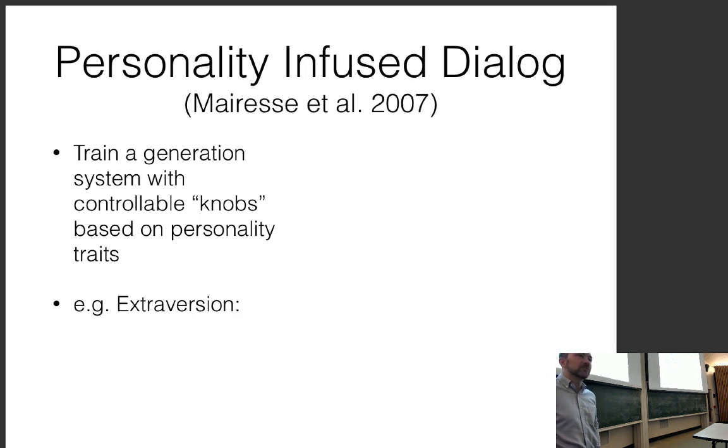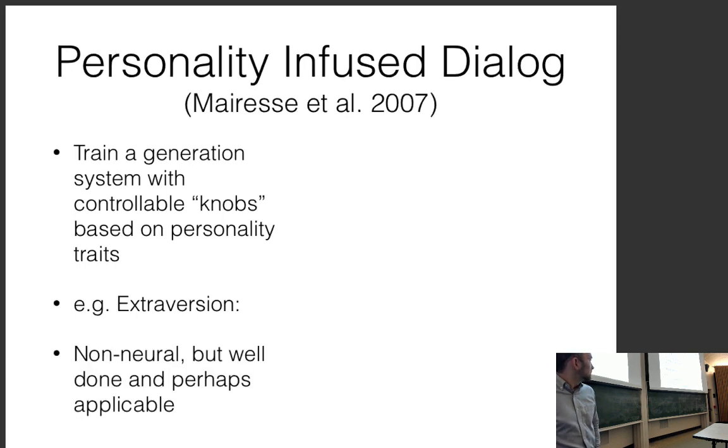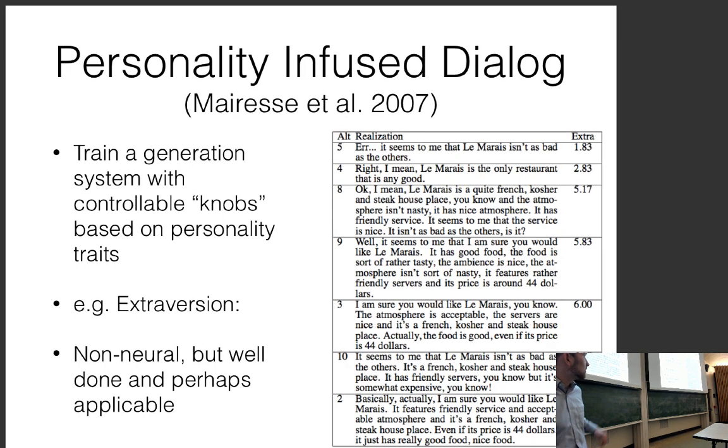They take the Big 5 personality traits, and they have an example where you can take the extroversion knob and go all the way from 1 to 7, where they start with somebody who's supposed to be very introverted, all the way up to somebody who's very extroverted.